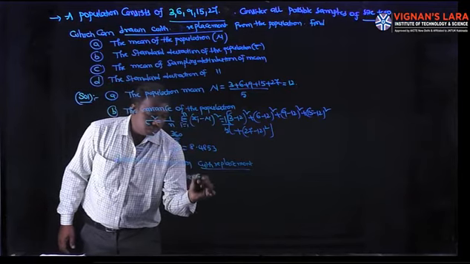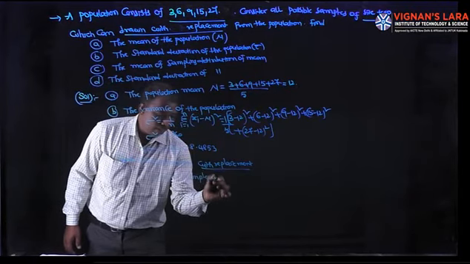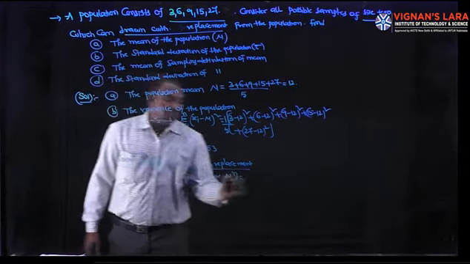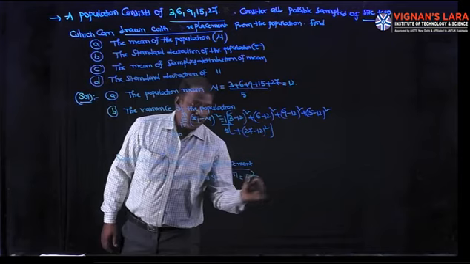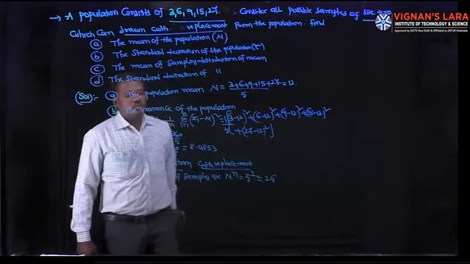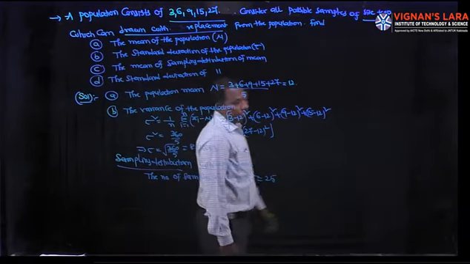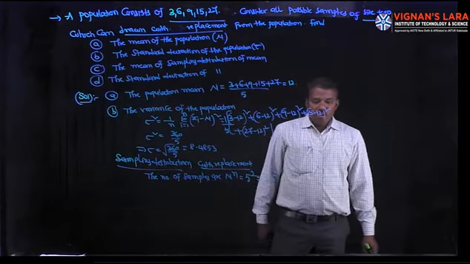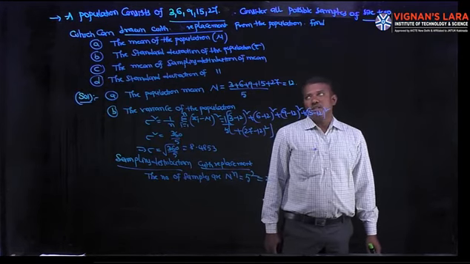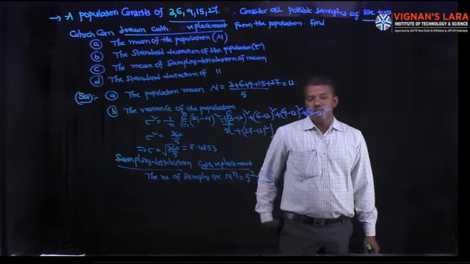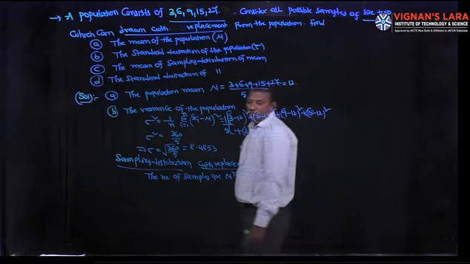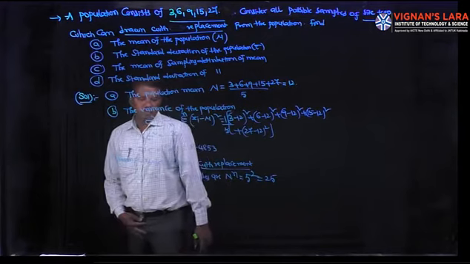In with replacement, the number of samples is N power n. Capital N is the population size, that is 5. Small n is the sample size, that is 2. So 5 square is equal to 25. It consists of 25 elements. Without replacement it is NCn; with replacement, N power n.